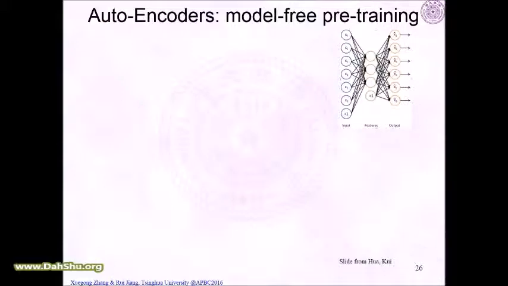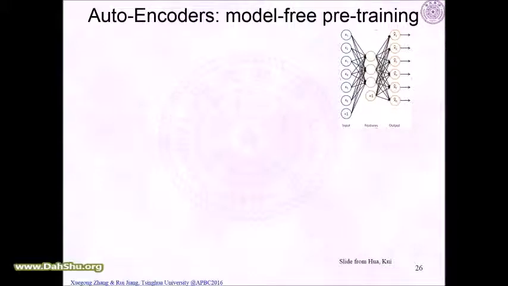We just use the input data as the training. When we apply one sample, we want the output to be as similar to the input as possible. This is unsupervised because we don't have class labels. We just want the neural network to reproduce the original input.